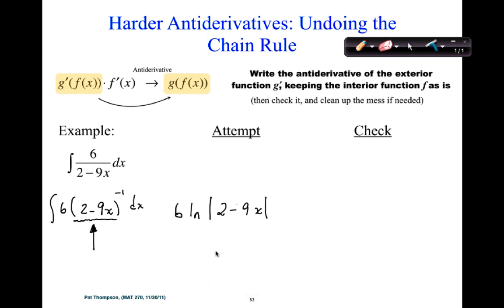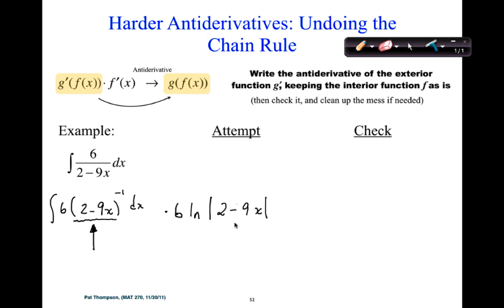But what else? Can we look ahead without manually doing the check and working backwards? Can we see what we're going to need? Also 1/9? Negative, right? So think about this. When we take the derivative of this, by the chain rule, we're going to have an extra negative 9 multiplied that we don't have over here.